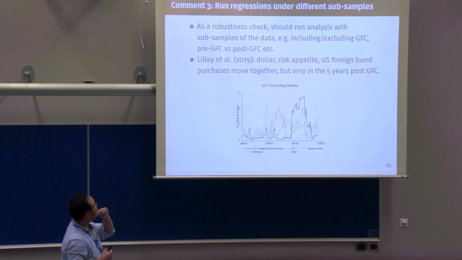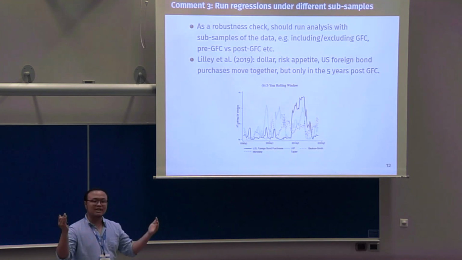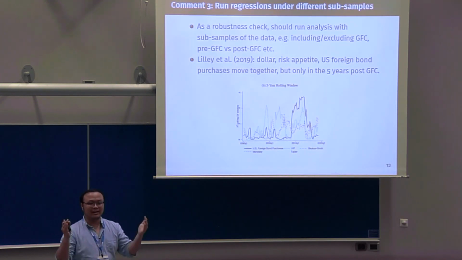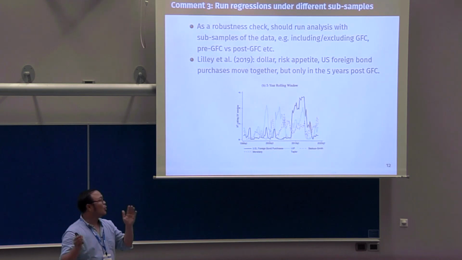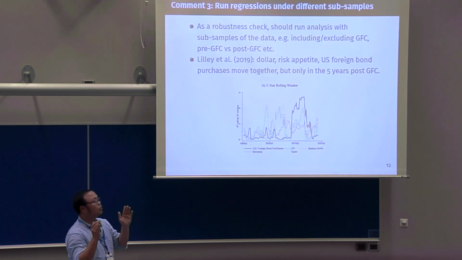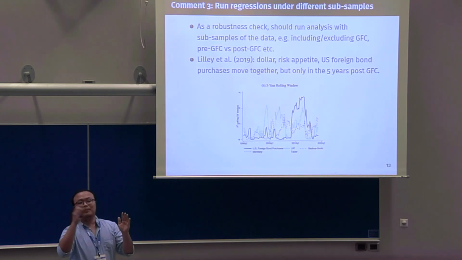As an illustration, there's a paper by Lilly and co-authors in 2019, called Exchange Rate Reconnect. They find that in general, exchange rate is disconnected from everything. But for some reason, around the global financial crisis and 5 years after that, exchange rate is positively correlated with US foreign bond purchase. But that disappeared if you are 5 years away from the crisis.